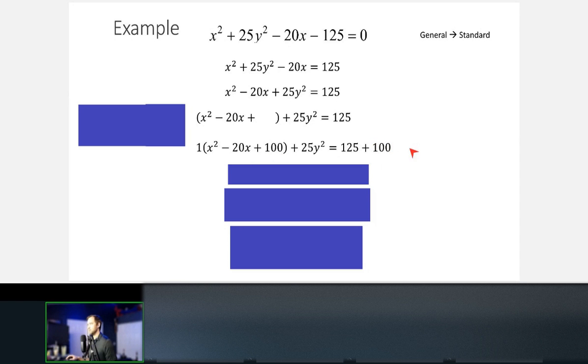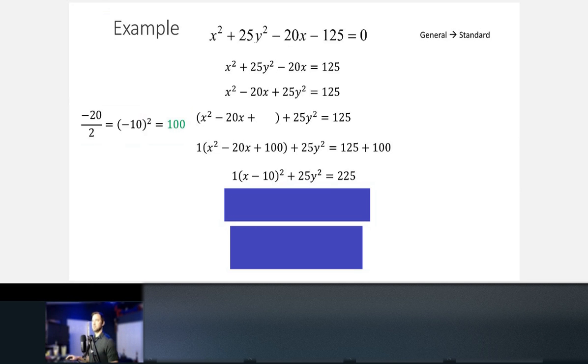And 1 times 100 is still 100, so that is the part that is missed. So we get 100 there, and 100 plus 125 gives us 225. And everyone should have factored this trinomial into this binomial squared. Going over this part.